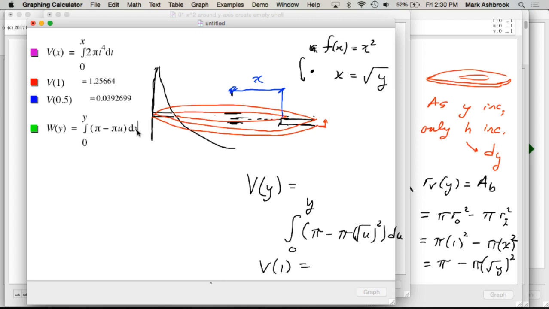Because square root of u squared. So is that accurate? Okay, so what about W of 1? We think that's going to be the same. It ought to be as before. And it's not. What did we do wrong? Something wrong.